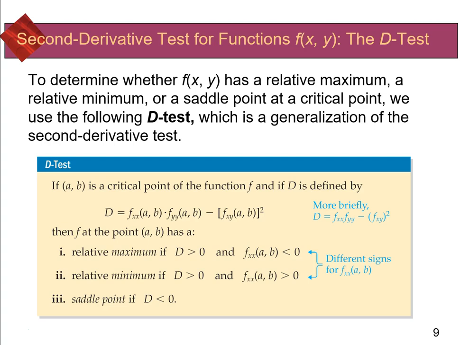To determine whether f of xy has a relative maximum, a relative minimum, or a saddle point at a critical point, we use the following D test, which is a generalization of the second derivative test. And so this is the main formula we're looking at. We do the product of f sub xx times f sub yy minus f sub xy squared. Now the whole idea behind this is for mostly polynomial situations, f sub xy and f sub yx are the same thing.